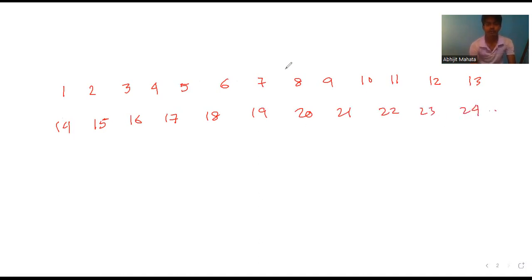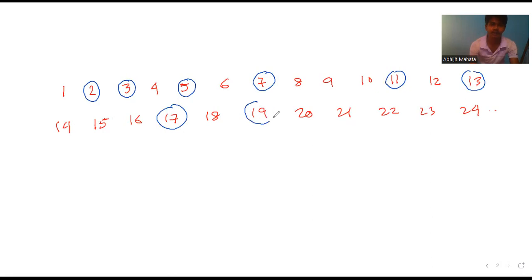So let me circle all the prime numbers. Clearly 2 is a prime number, then 3 is a prime number, 5 is a prime number, 7 is a prime number, 11 is a prime number, 13 is a prime number, and of course 17 is a prime number, and 19 is a prime number. So 23 is a prime number.